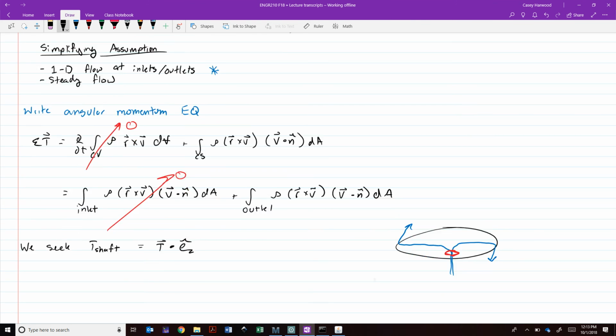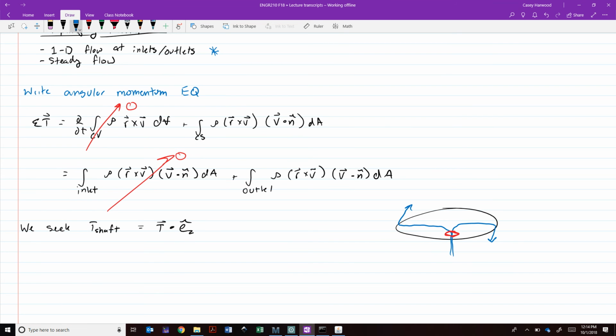And now this is where this 1D flow assumption is going to come in so handy, because we've said that this is constant. All of these quantities are going to be constant around this control surface that we've set up at the outside of the nozzles.